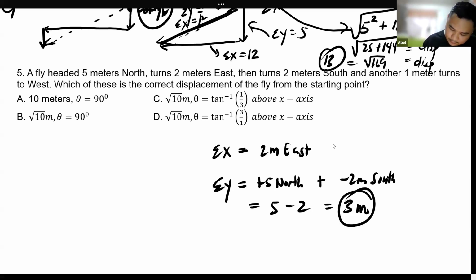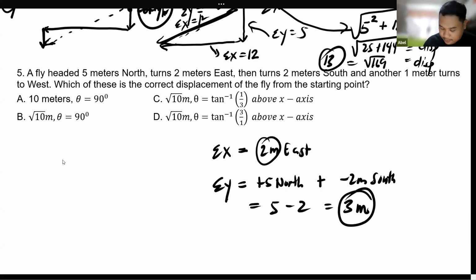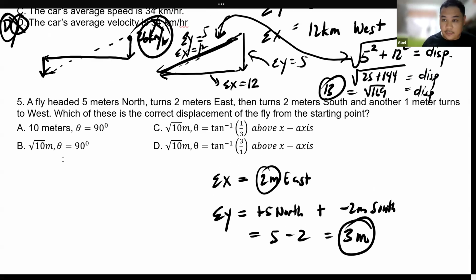So next, we have 2 and 3. So if we're going to do the Pythagorean principle here, 2 and 3. Wait, there's another given here, sorry. Then 1 meter turns to west, okay?